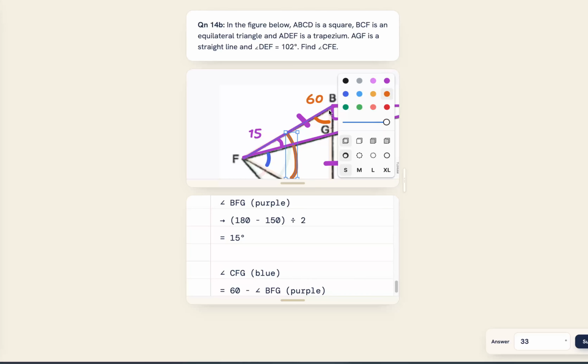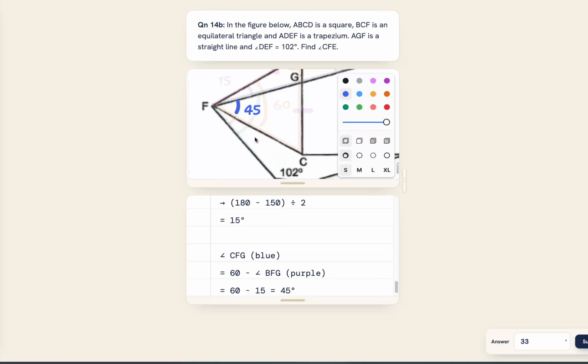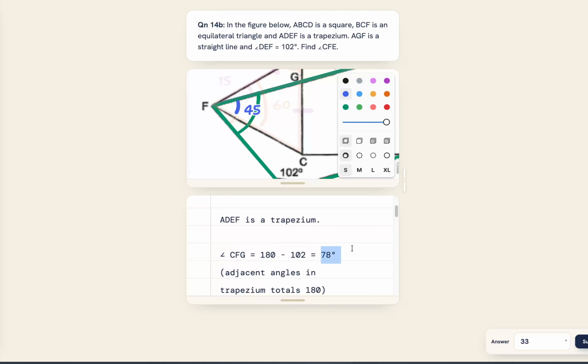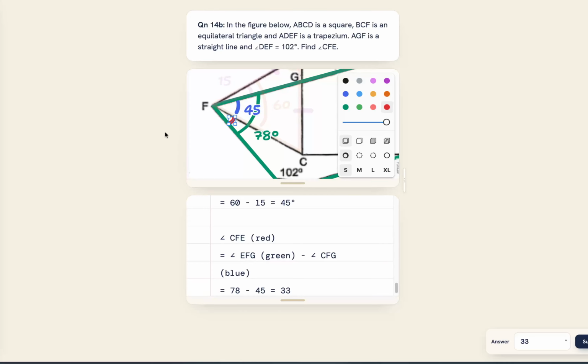Since this is 60, it's 60 minus 15, which will be 45 degrees. We know this green angle that we calculated earlier is 78 degrees, so 78 minus 45 gives us 33 degrees. Okay, there you go. So the answer is 33.